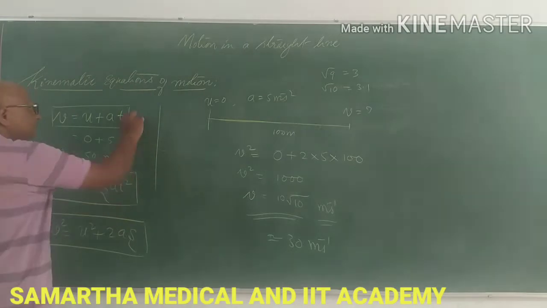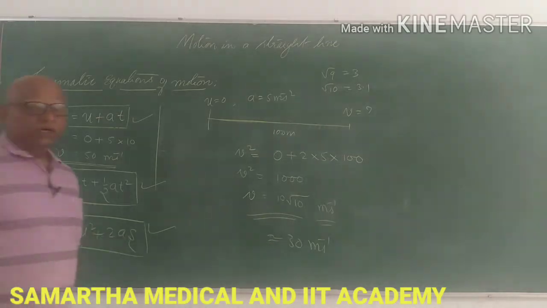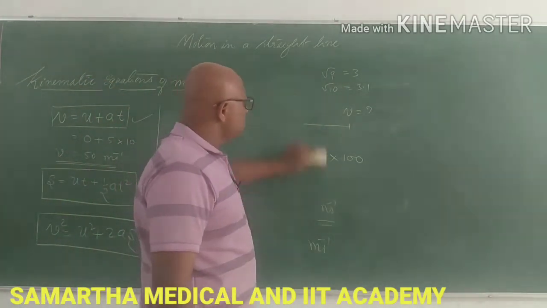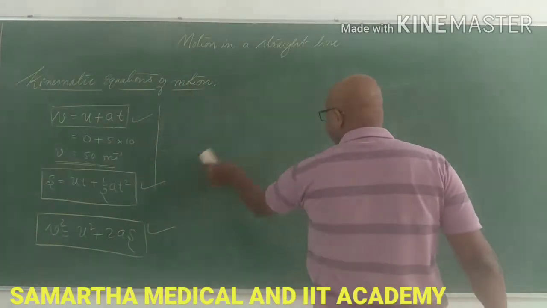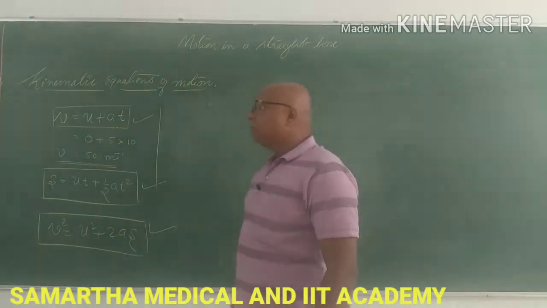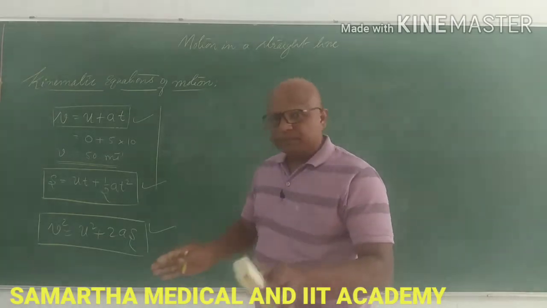You can calculate this using these three expressions: v is equal to u plus at, s is equal to ut plus half at square, and v square is equal to u square plus 2as. And these are the equations you already know from high school. But in college, in first PU or the 11th class, you will derive how these equations come.